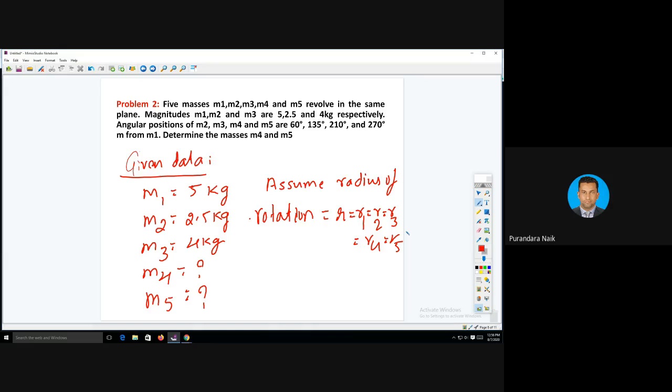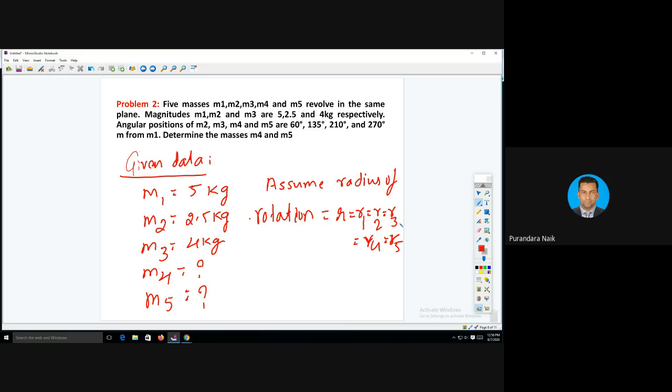Means all radii are equal and it is equal to R. We are going to consider this radius of rotation if it is not given in the problem.